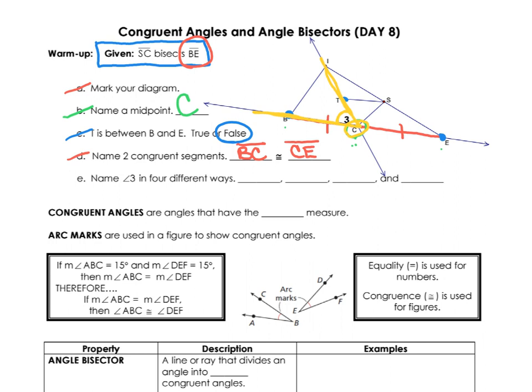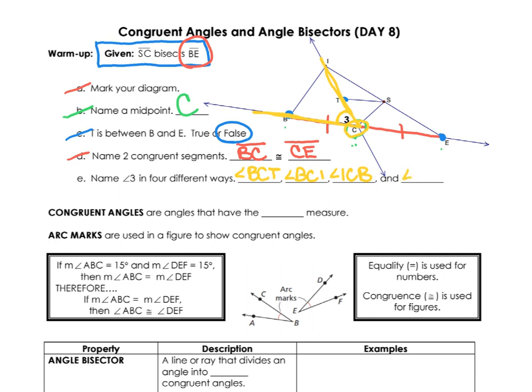So we'll go ahead and say angle BCT. We can also call it angle BC, but instead of T, go up to I. Okay. We could also name it angle ICB.